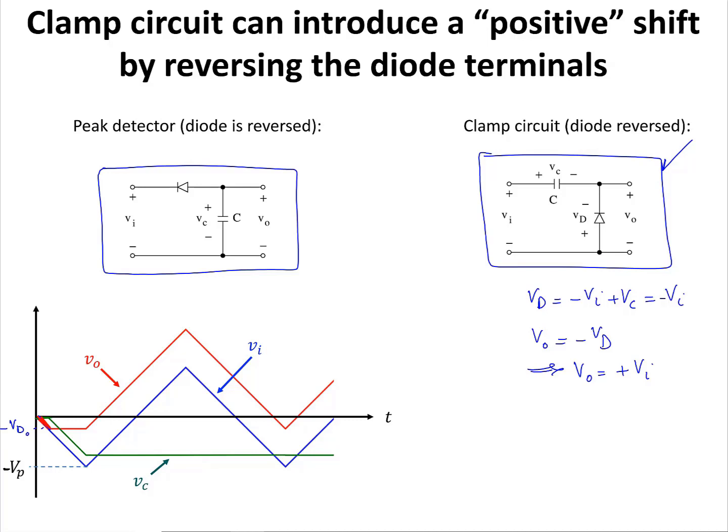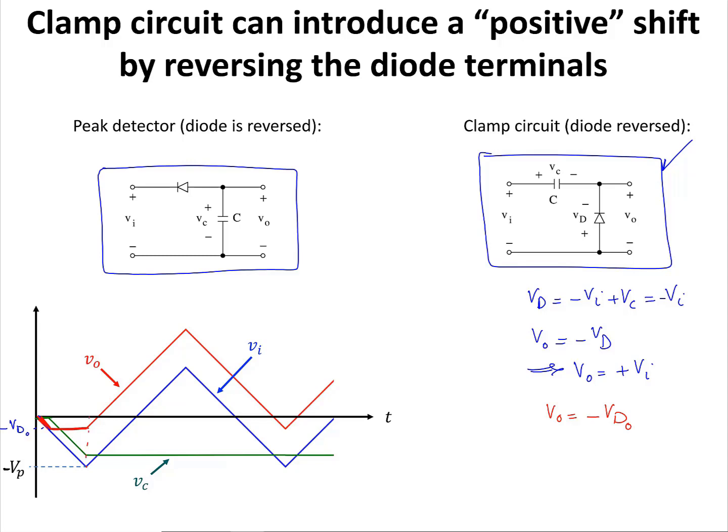Now Vi goes below negative VD0 volts, so the diode turns on, and V out is going to be equal to a constant value. V out is equal to negative VD0.